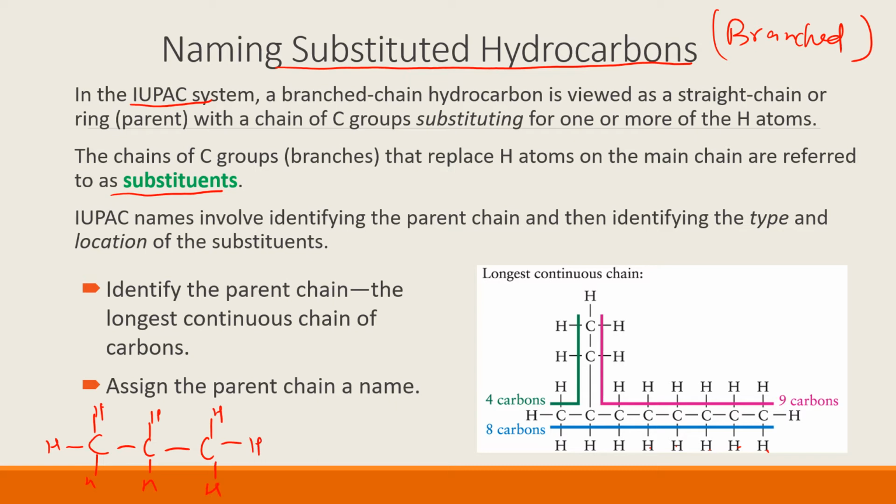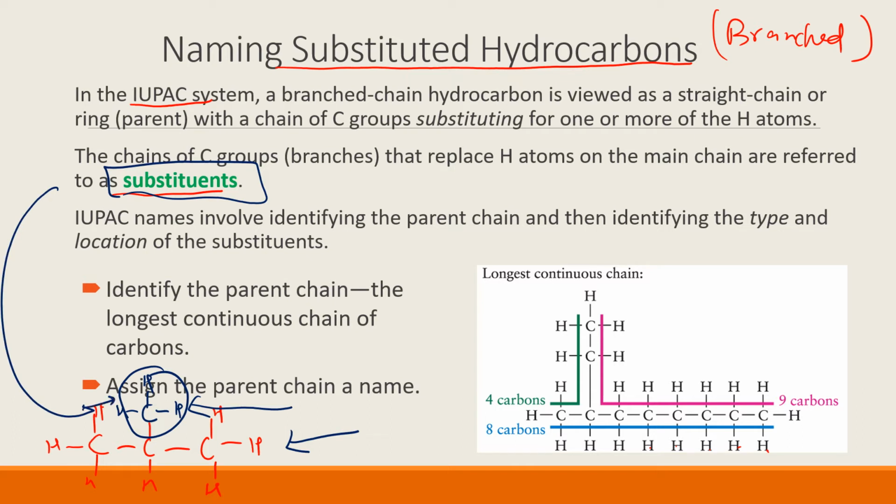Now in this hydrocarbon, if we replace one of the hydrogens with another carbon or a chain of carbon, for example from the middle, if I replace it with another carbon such as this one, now this is a branched hydrocarbon, and the group shown in blue is known as a substituent.